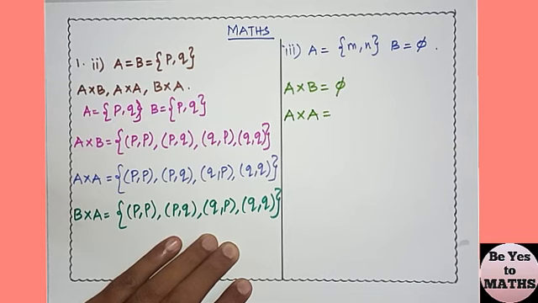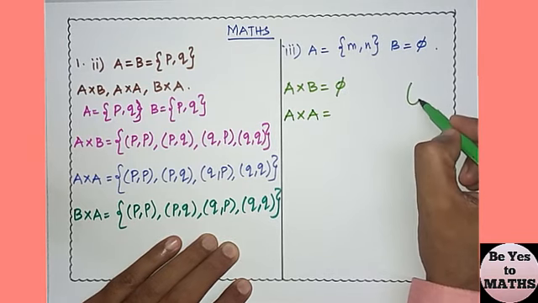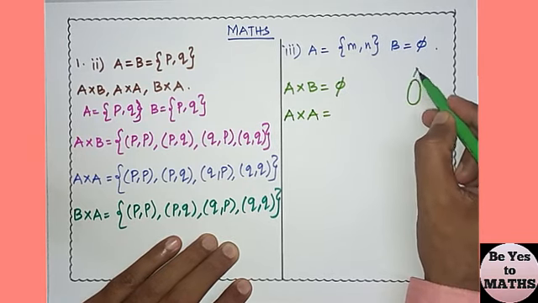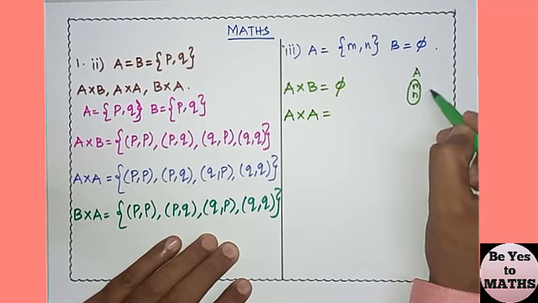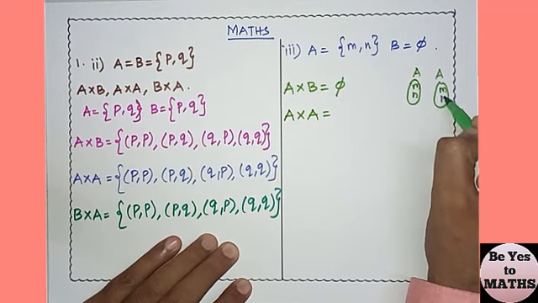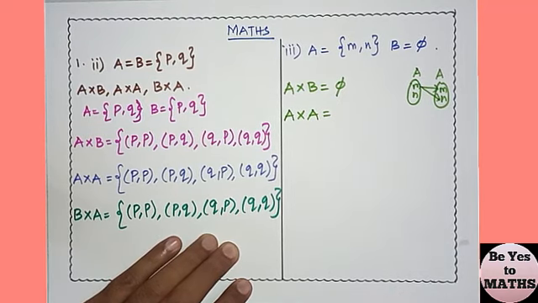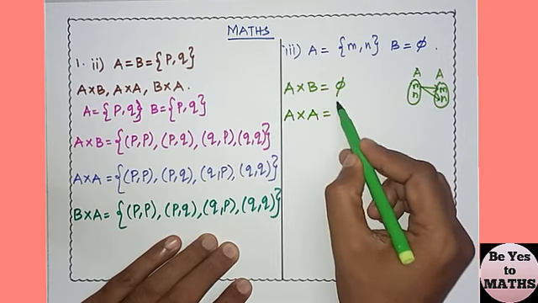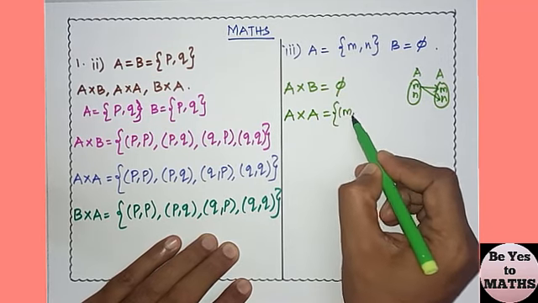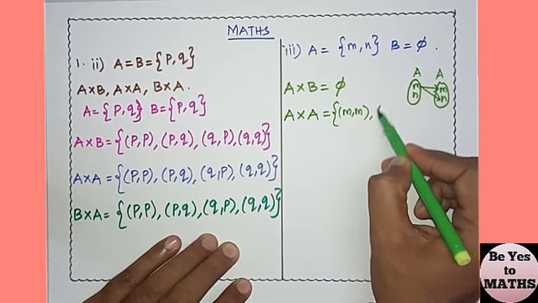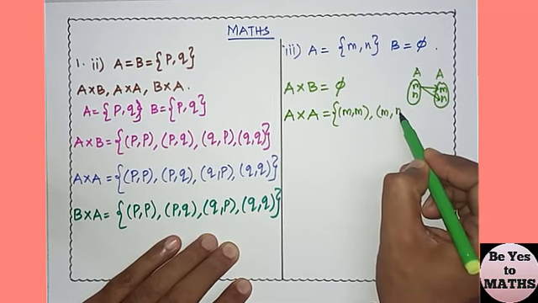So A cross A. Here A set is m, n. Again A set is m, n. First pair with the m element. So m comma m, m comma n.